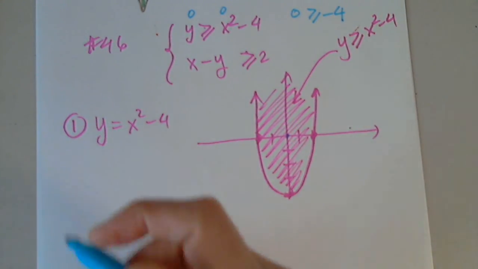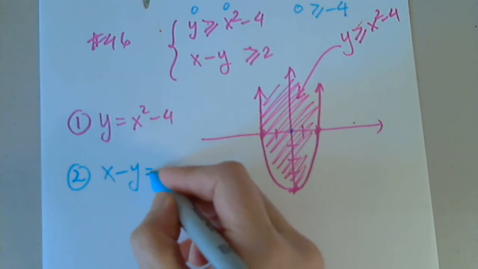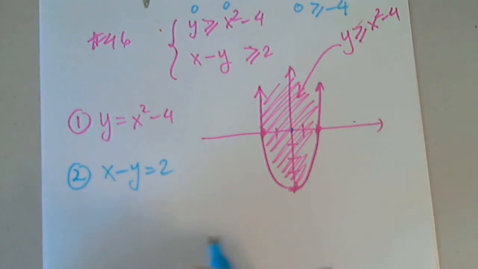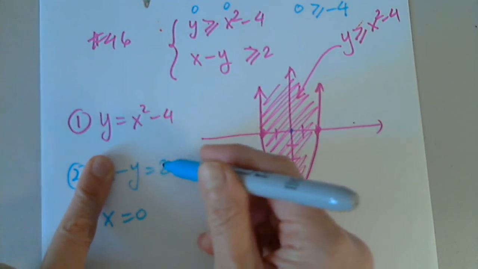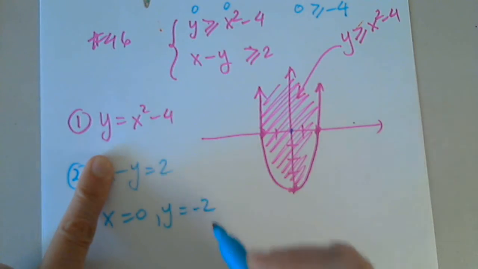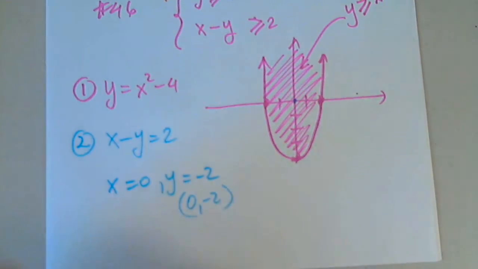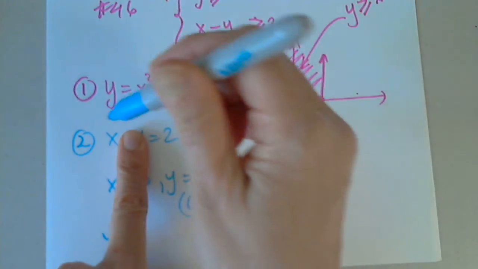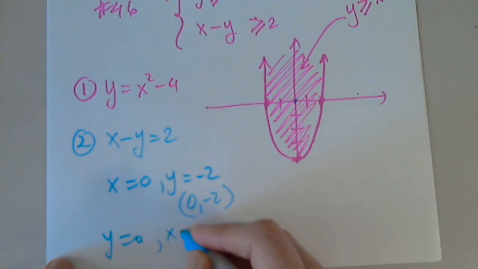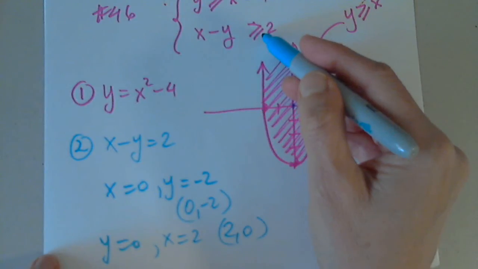I continue now with the second line this time. I need to find 2 points. When x is 0, y is negative 2. The ordered pair is 0, negative 2. When y is 0, x equals 2. So 2 comma 0, solid line.